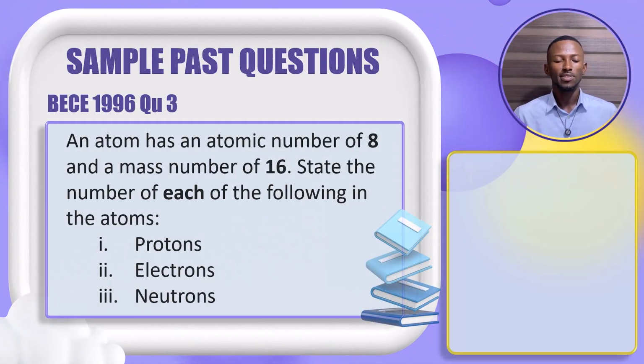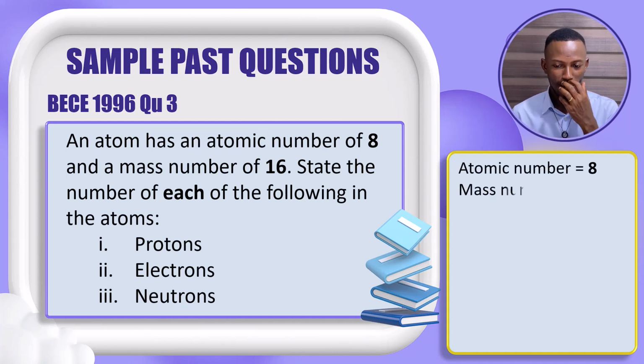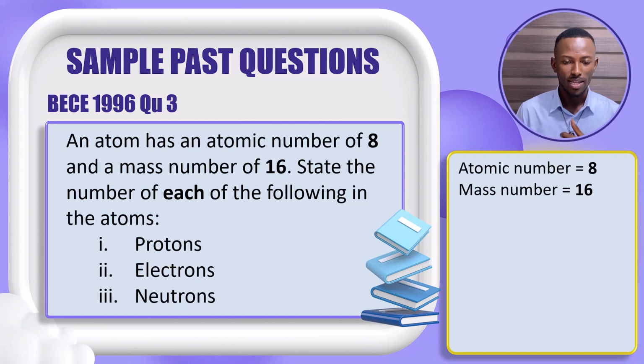Good. Let's pick some past questions. An atom has an atomic number of 8 and a mass number of 16. State the number of each of the following in the atom: one, the protons; two, the electrons; three, the neutrons. Let's get started. If you look at this question, we've been given the atomic number, which is 8, and the mass number, which is 16.